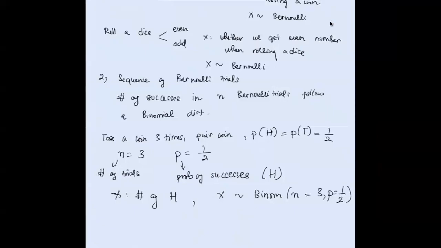And we have to realize that the Bernoulli distribution is a special case of the binomial distribution. So Bernoulli with parameter p is just binomial with n equal to 1, which means the number of trials is equal to 1, and the probability of success in each trial is p.